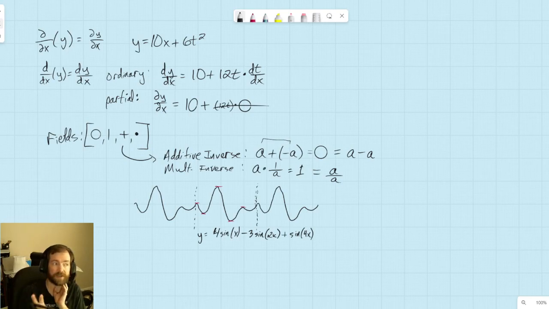Now, they may not be integers. Some of them might be rational or irrational numbers, and that's fine. But you will always end up with a periodic function that is the sum of multiple other periodic functions.